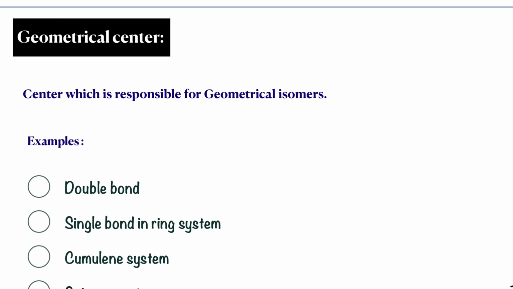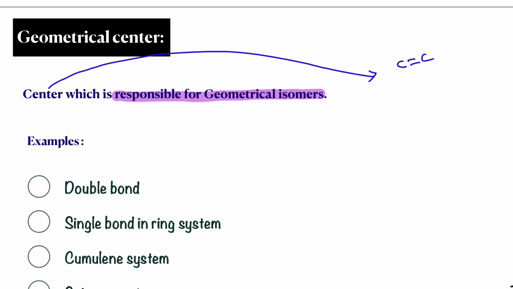So here, geometrical center is responsible for geometrical isomerism. It is the center which is responsible for geometrical isomers or geometrical isomerism. You already know geometrical isomerism is due to rigidity. So particularly the rigidity is due to double bond, and also due to ring system. So obviously this geometrical center can be a double bonded system.